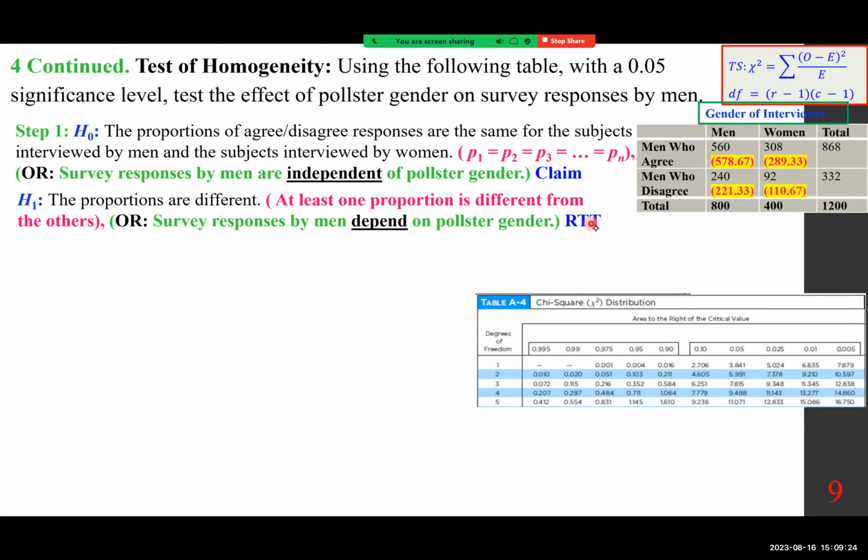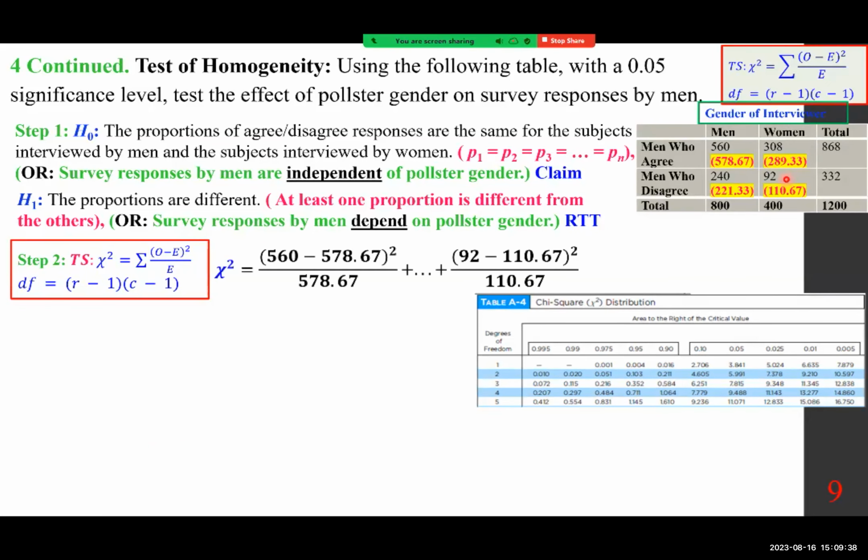So let's go with the formula for the test statistic. And so 560 minus 578.67 quantity squared divided by that, the same thing here, the same thing here, the same thing here. So the last one would be 92 minus 110.67 quantity squared over 110.67. And that gives us the following number, 6.529.